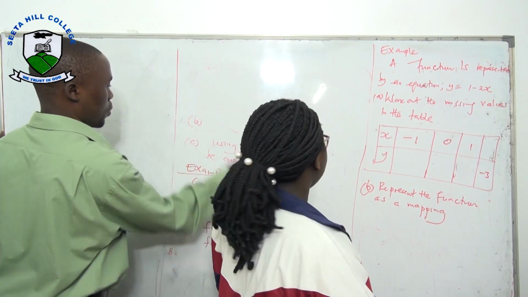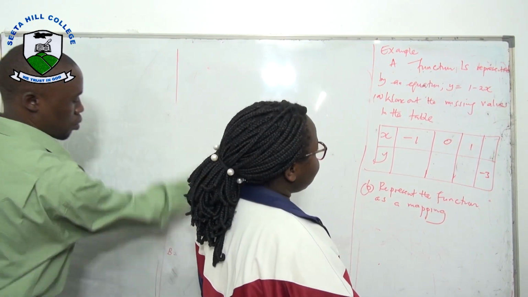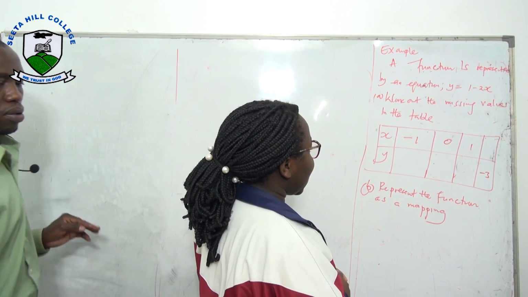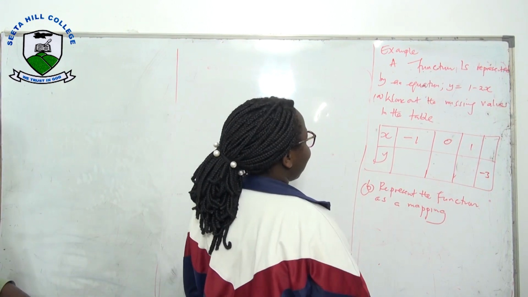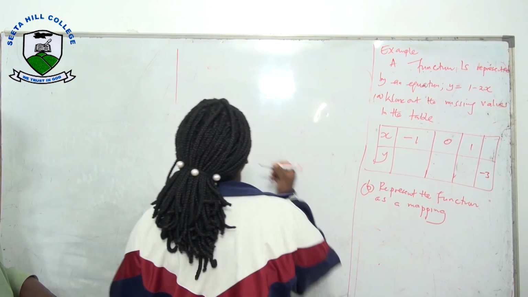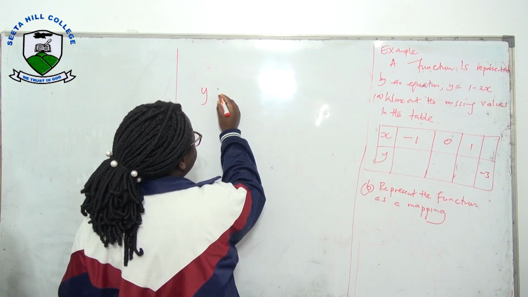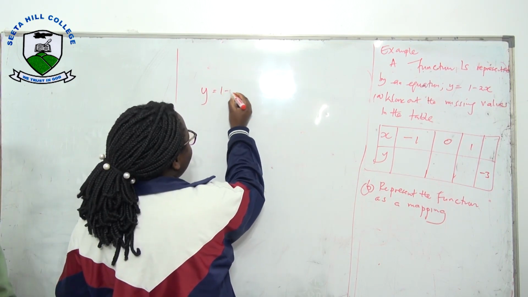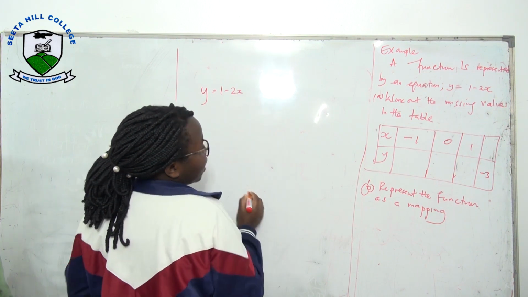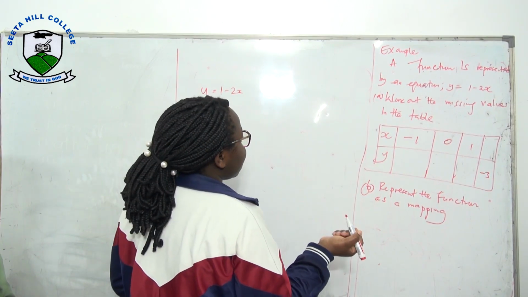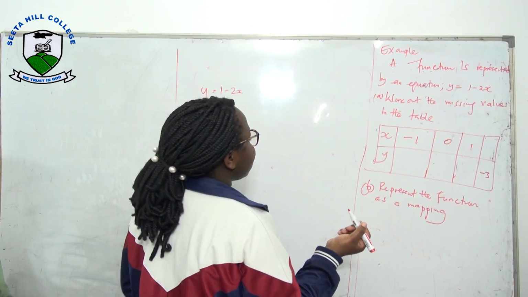Can you see? Okay, working out the missing values in the table. For the first column, we are missing the value of y. And as it says, the function is y is equal to 1 minus 2x. We are given x as -1.